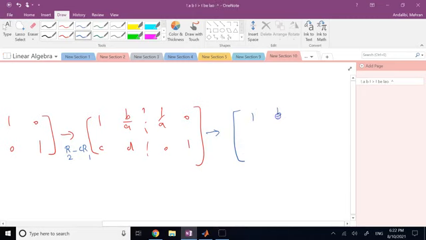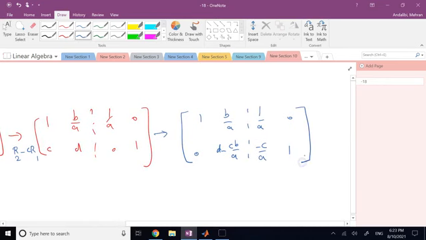So 1, b over a, 1 over a, 0. Here is going to be 0. Here is going to be d minus cb over a. Here is going to be negative c over a, and here is going to be 1. Yes? That's clear, right?